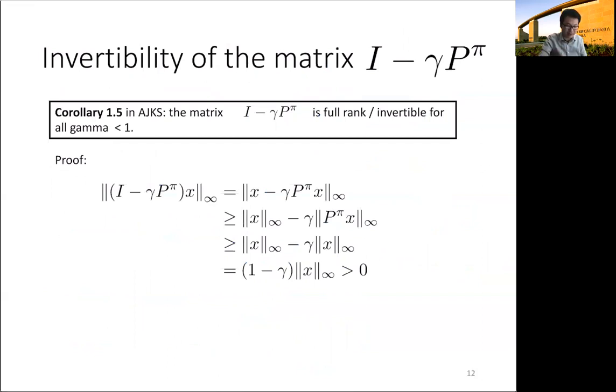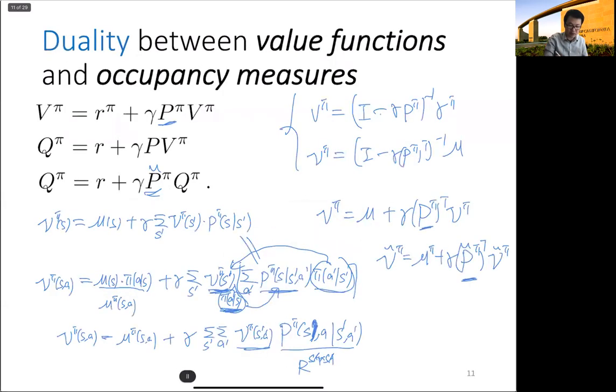But I think it's a good idea that we go over it because later we'll be using it anyway. If the matrix I minus gamma P pi is invertible, then in the previous equations, all these linear systems of equations have unique solutions.